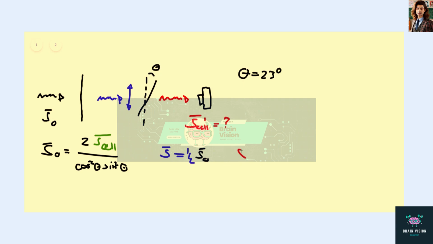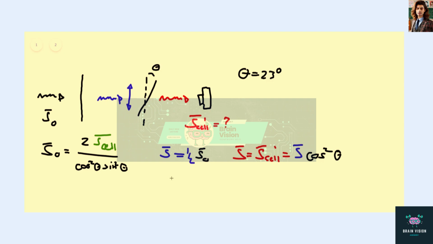So you find that S bar in this scenario, which we'll call S bar cell prime, is going to be the blue intensity times cosine squared theta.